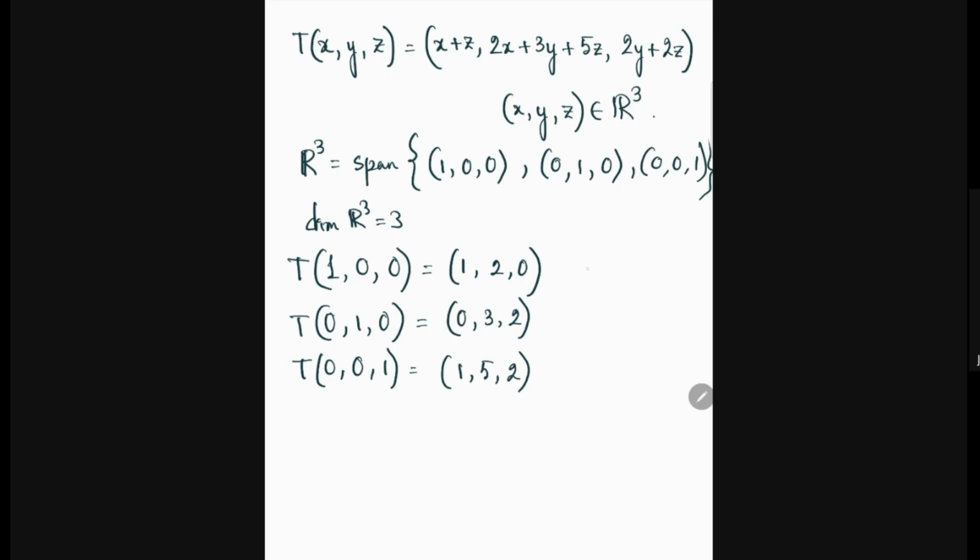Now we have the image, and we can also write it as a linear combination of our basis vectors, because here T is from R3 to R3.